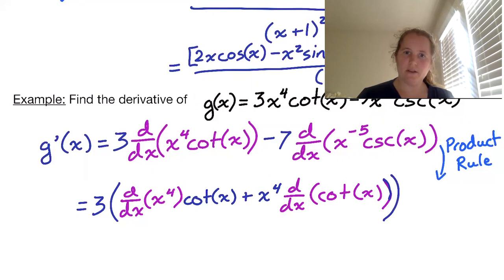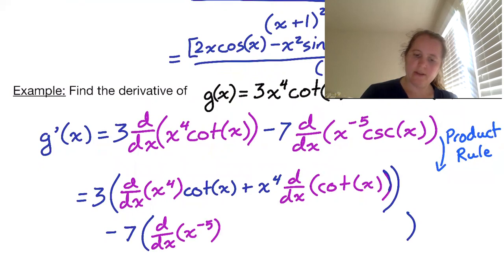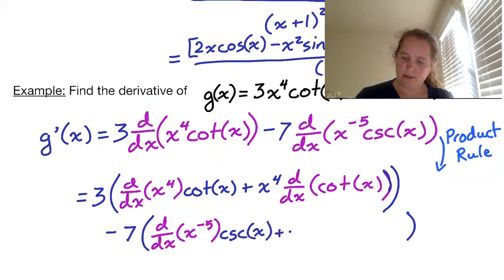And then we subtract 7 times the derivative of x to the negative 5th, times the second, cosecant x, plus the first, x to the negative 5th, times the derivative of cosecant x.